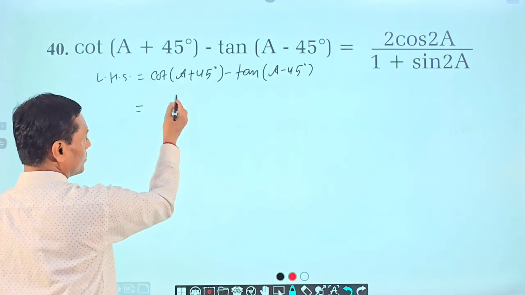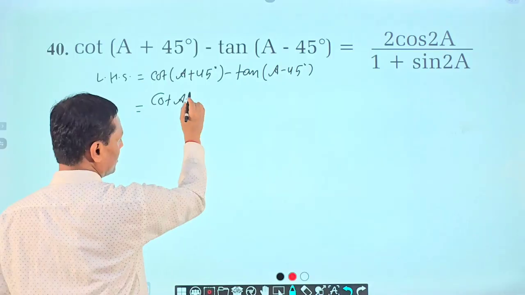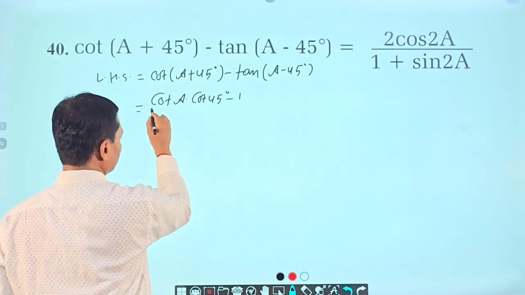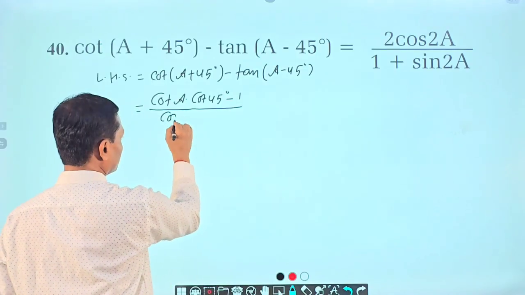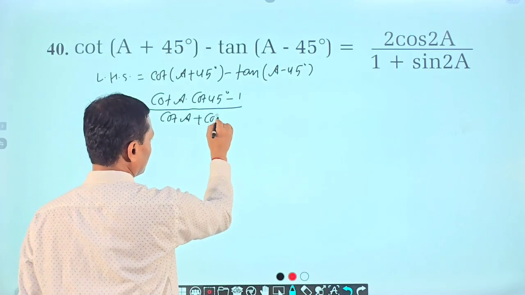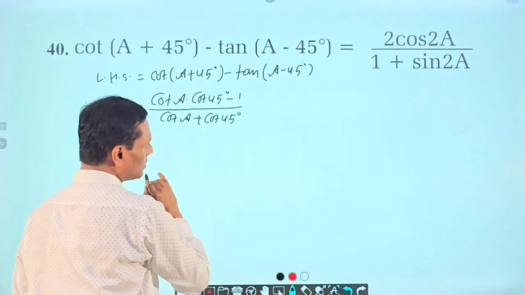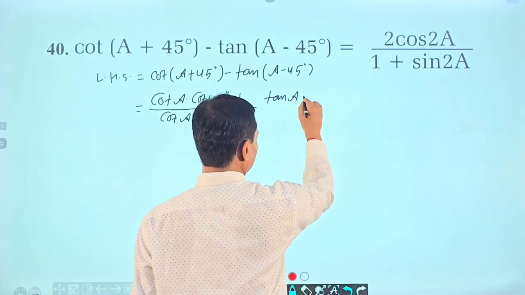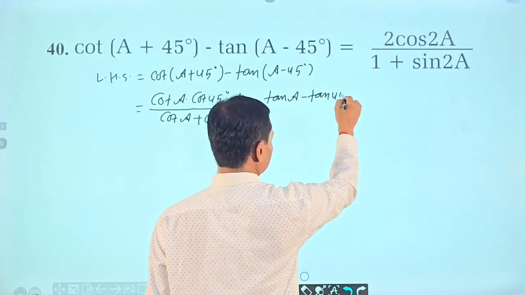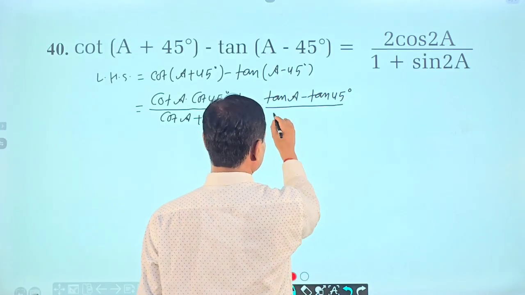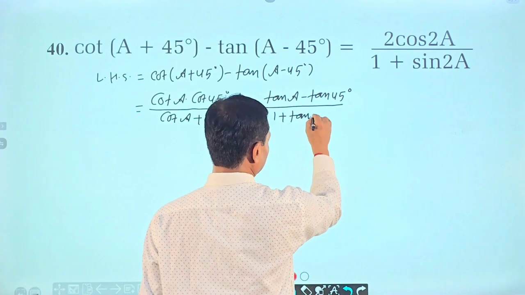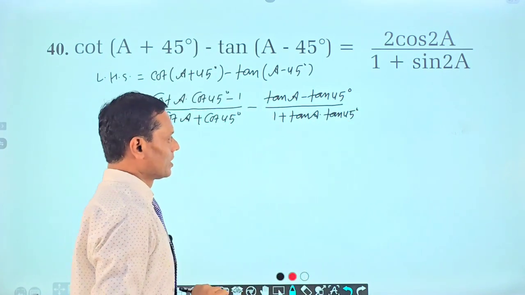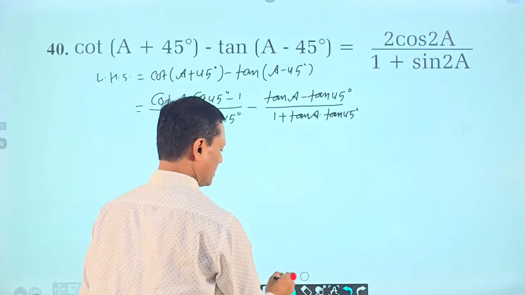So here cot (A plus B) equals to cot A dot cot B minus 1 over cot A plus cot B. Clear? Tan (A minus B), that's tan A minus tan B over 1 plus tan A dot tan B. It's better to write the formula inside the bracket, okay?